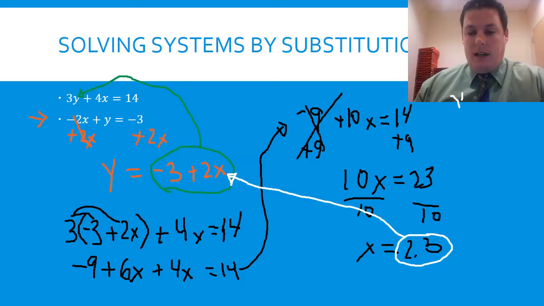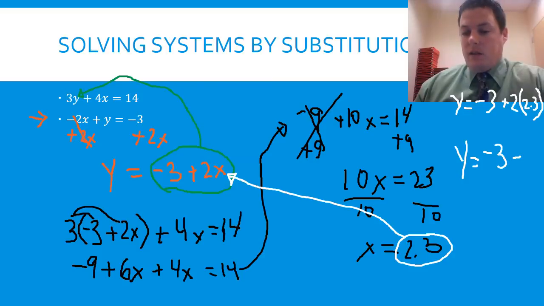So I have y equals negative 3 plus 2 times 2.3, which gives me y equals negative 3 plus 4.6. Y equals 1.6.